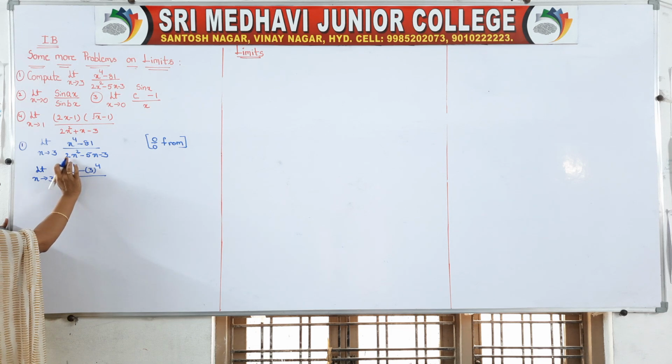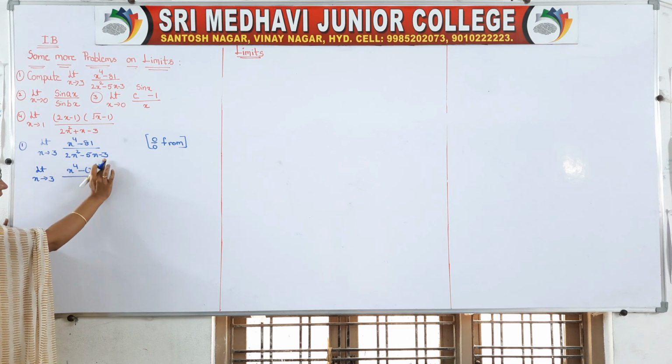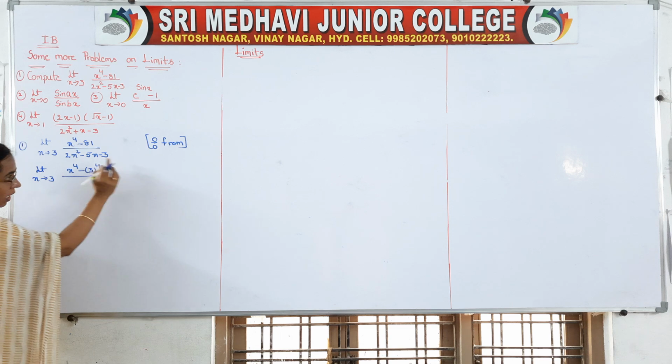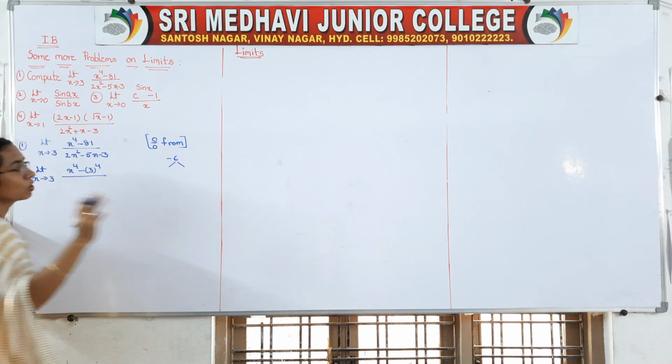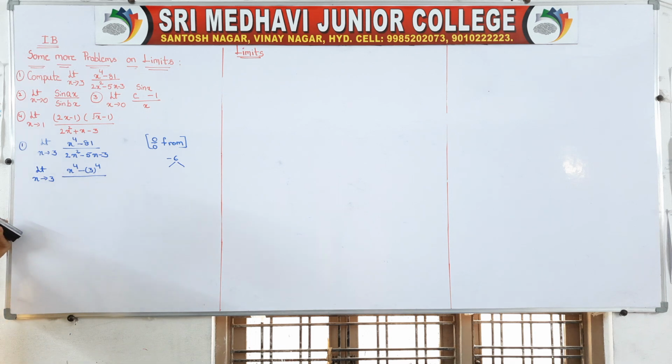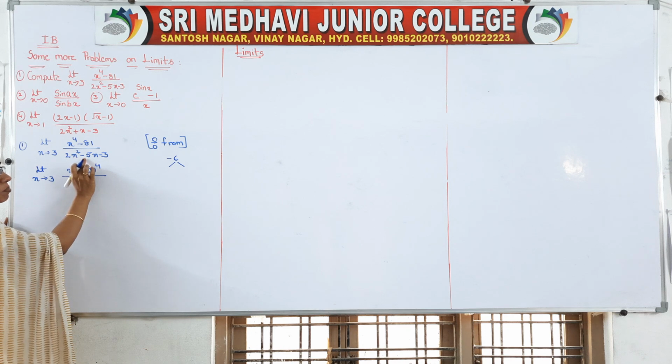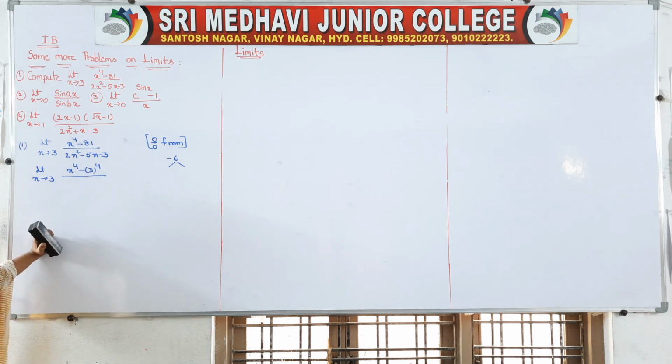First we have to multiply the x square coefficient with the constant, 2 into minus 3, that is minus 6. We have to take two numbers whose product should be minus 6 and whose sum should be minus 5. So which two numbers can we select?